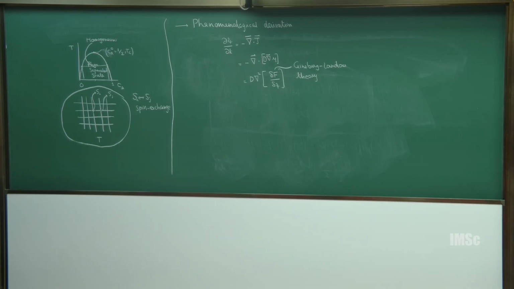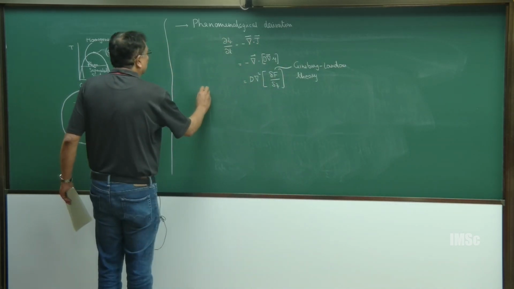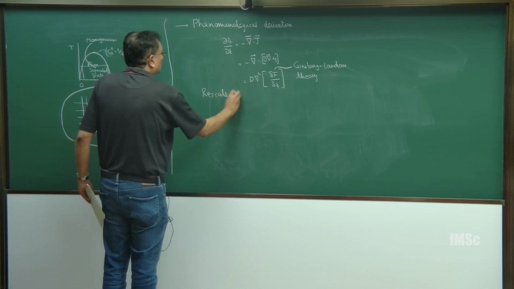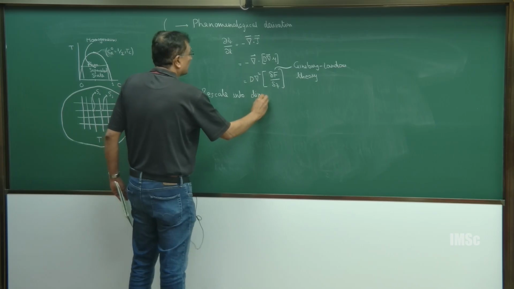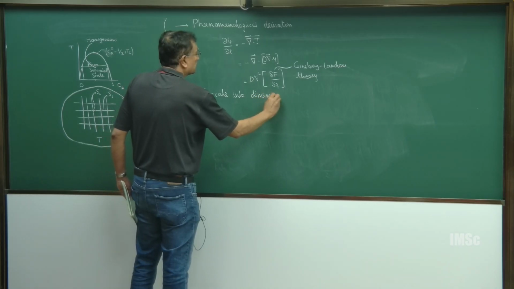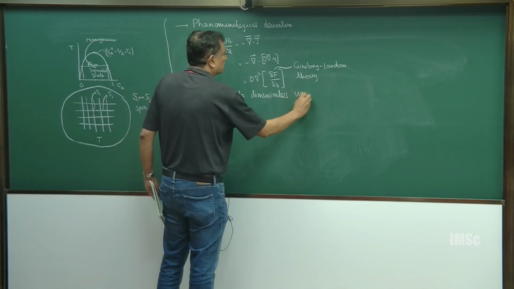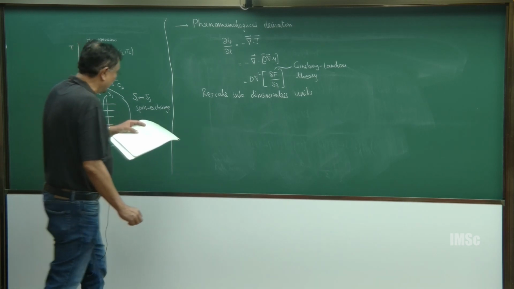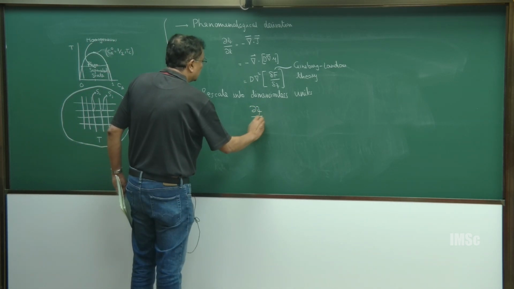Again, you now rescale into dimensionless units, and let me write down the final form of the Cahn Hilliard equation, which people usually study.